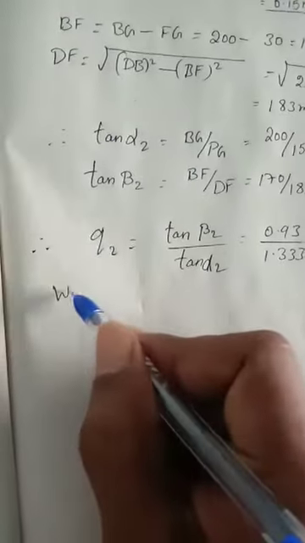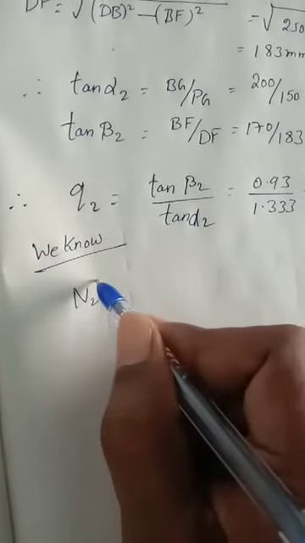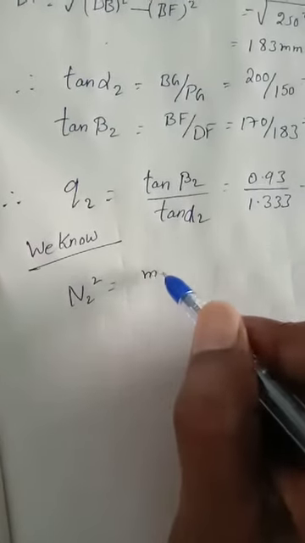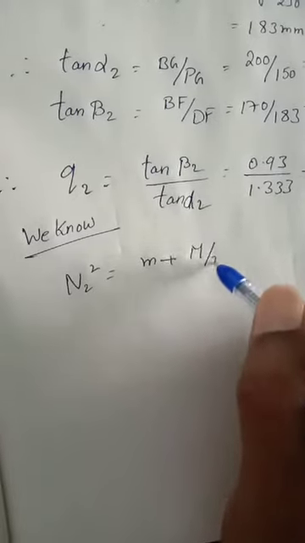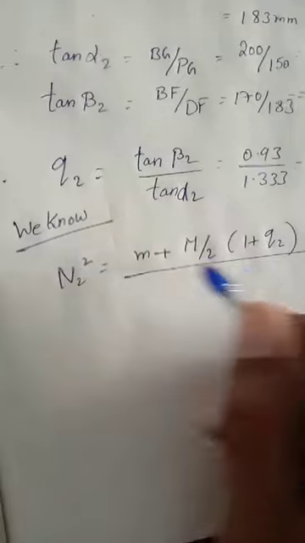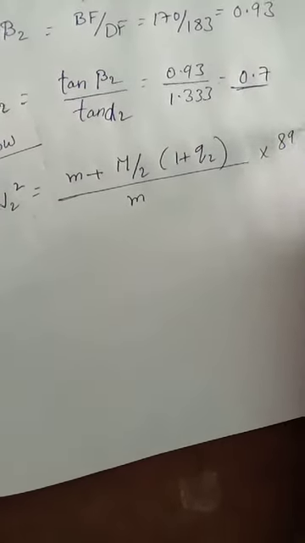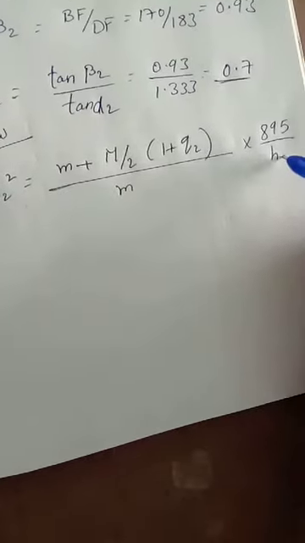And now we know N2 square is equal to (m plus capital M) by 2, (1 plus Q2) divided by small m, into 895 divided by H2.